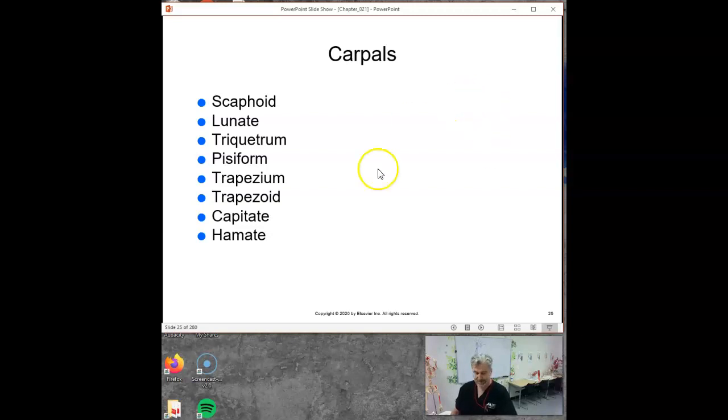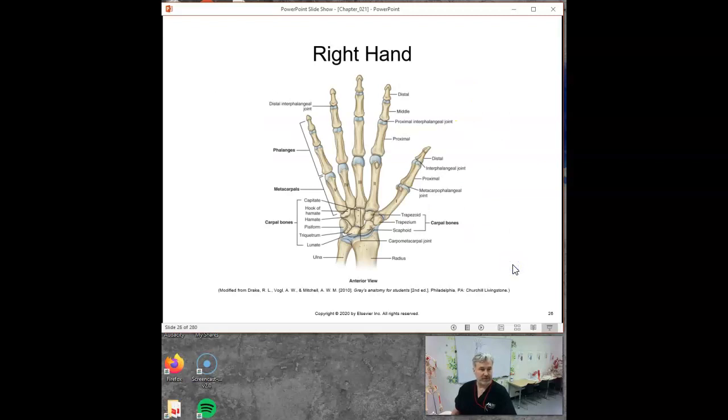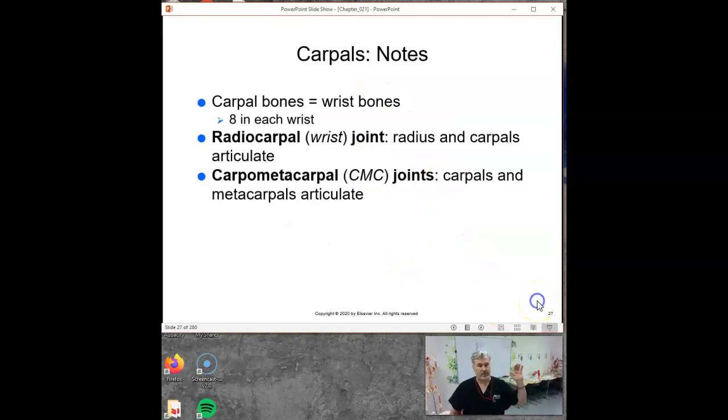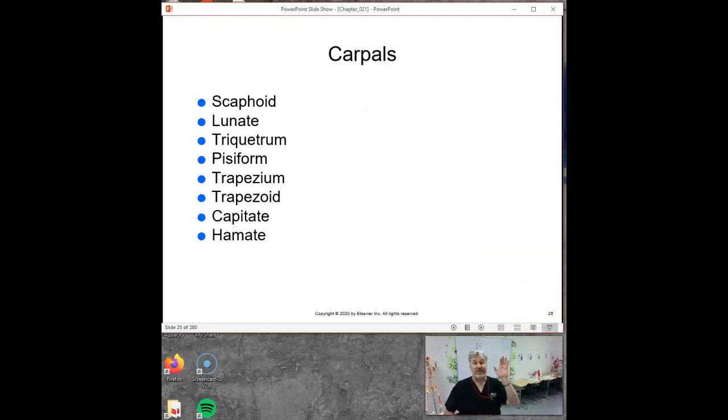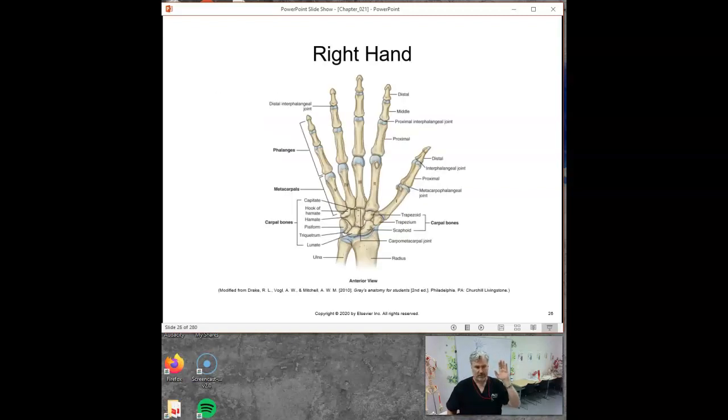And let me see if they have a picture here. Okay. So they go, the way they listed them is starting from my thumb over to my pinky.